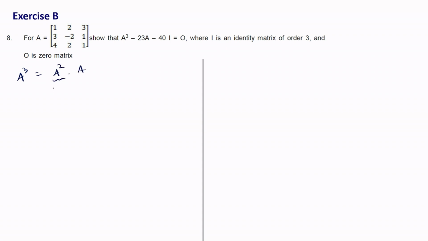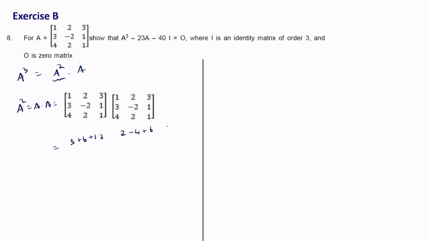This A square is A into A. So first let us find A square. So A square is A into A, matrix A into matrix A. So here let us multiply these two matrices. So it is 3 plus 6 plus 12, and then it is 2 minus 4 plus 6, and then it is 3 plus 2 plus 3, and here we have 3 minus 6 plus 4.